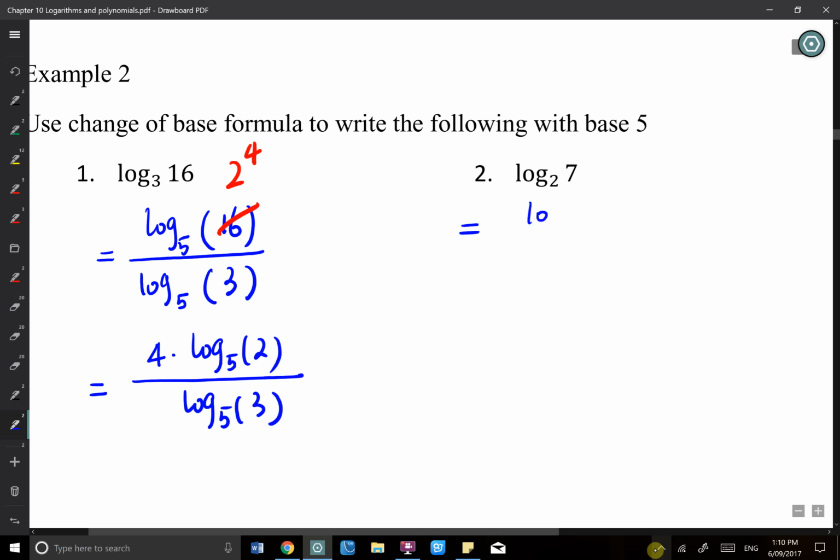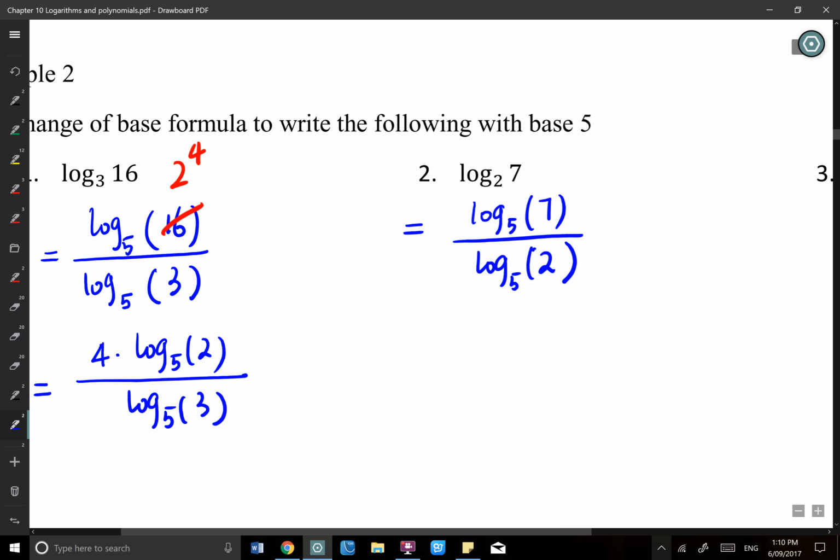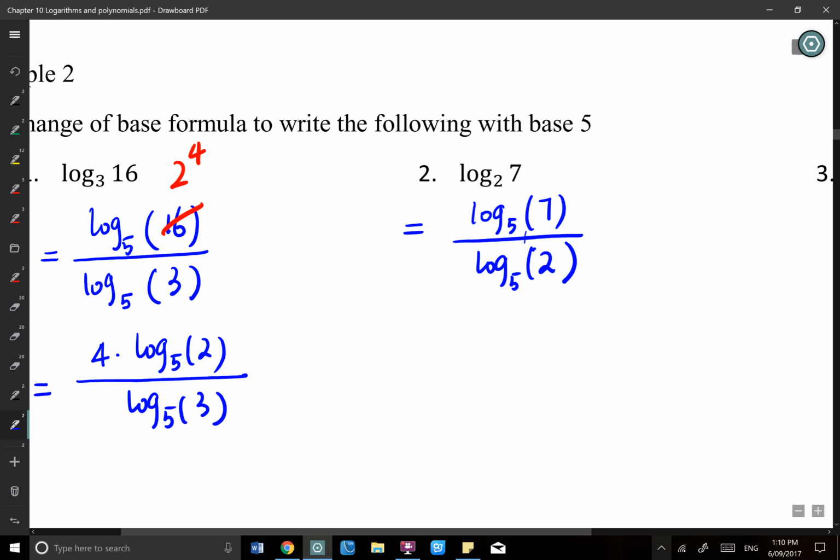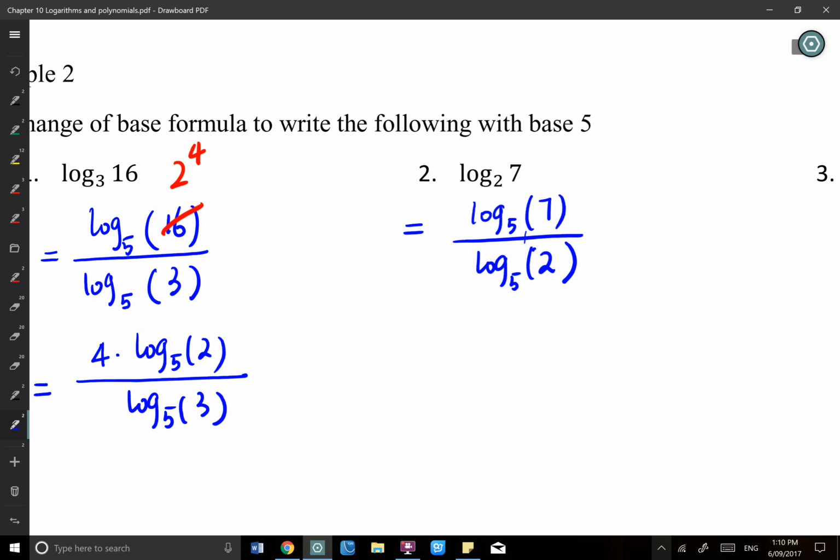For the next one, it's log_5 7 divided by log_5 2. Your base and the result cannot be on the same line. The base needs to be a little bit smaller compared to the result, like the 5 needs to be smaller. Be careful with the notation.